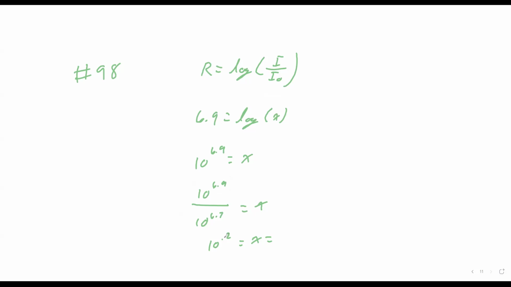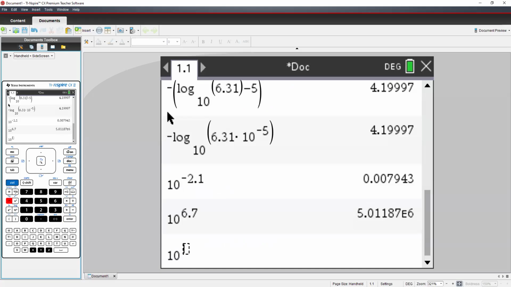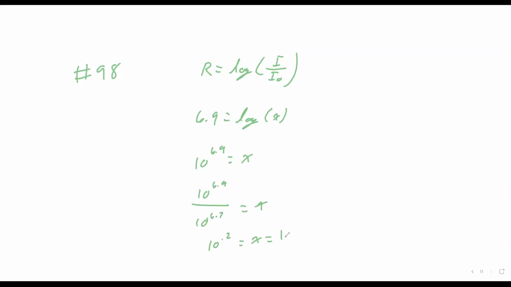So my intensity factor on how much greater this Gujarat earthquake was would be 10 raised to the 0.2, and it gives you 1.58, and I believe in the homework, it's going to round to the 10th place. So this gives us 1.6 times stronger.